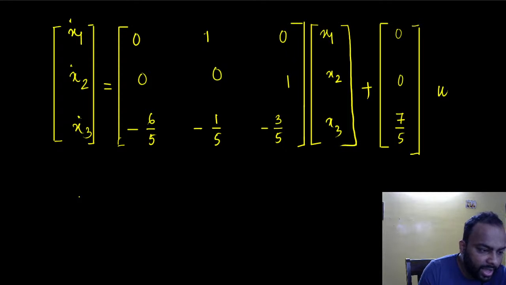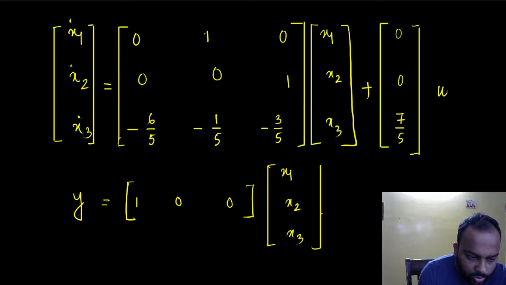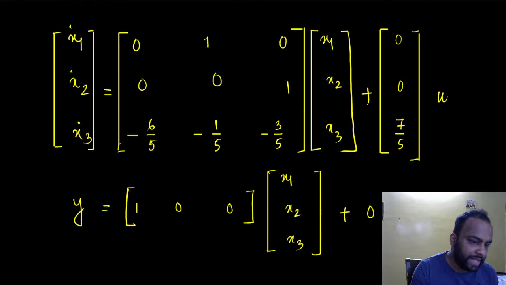And here I would have y equal to x1, which is 1 0 0 times x1 x2 x3, and we have 0 u. You could have skipped that.